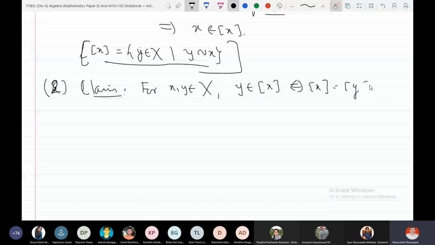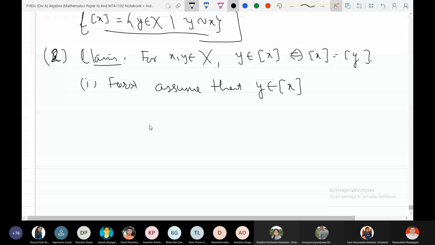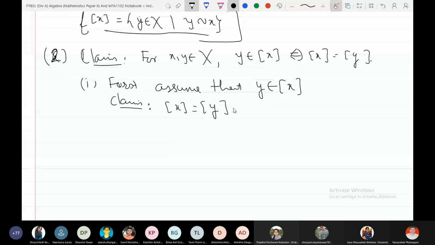First part: assume that y is a member of the class of x. What is our claim? Their classes are actually the same. This is what we want to verify now.